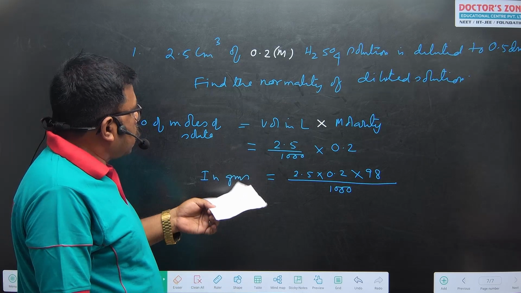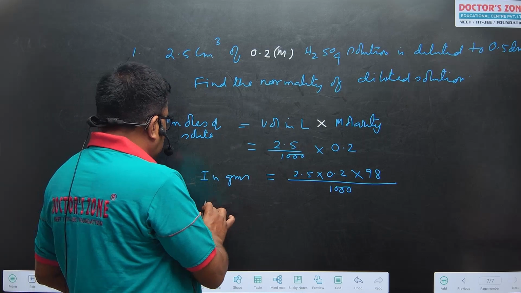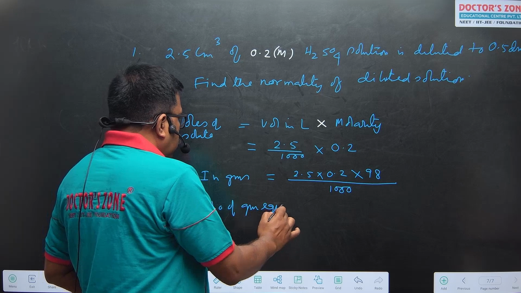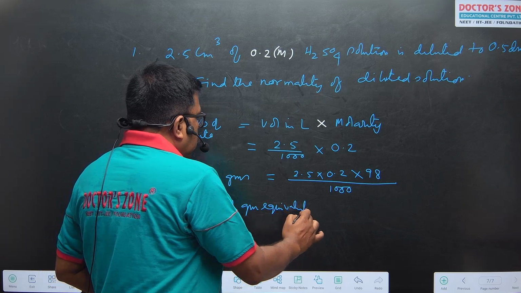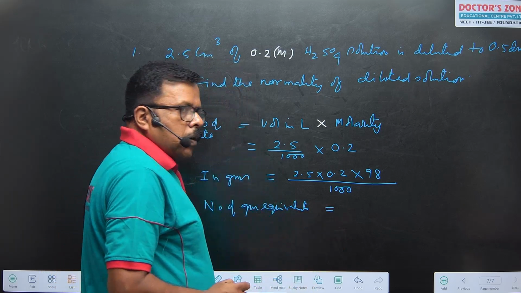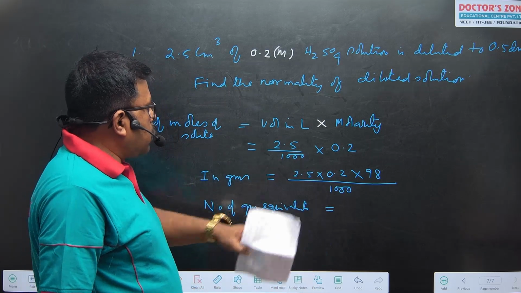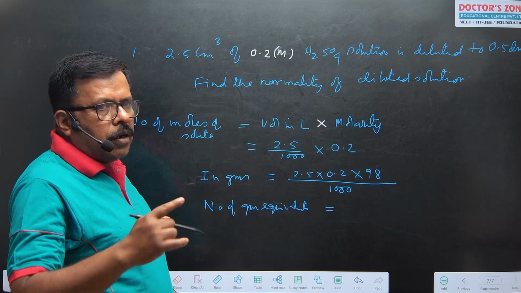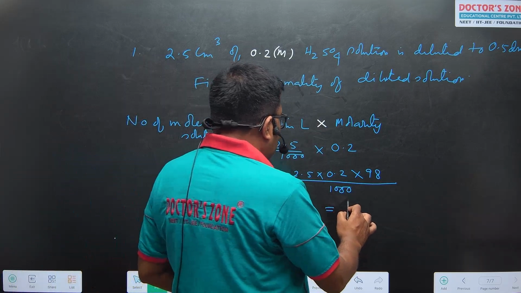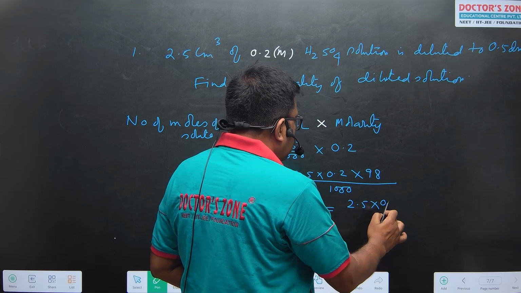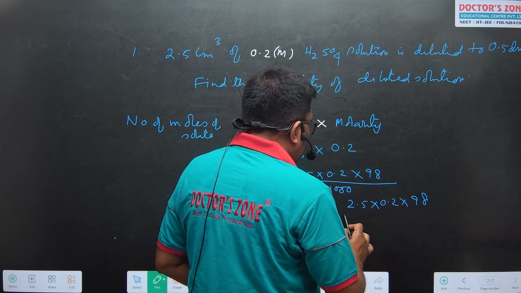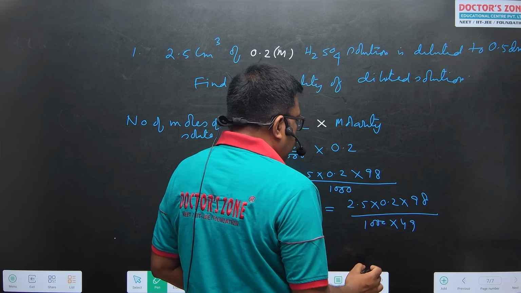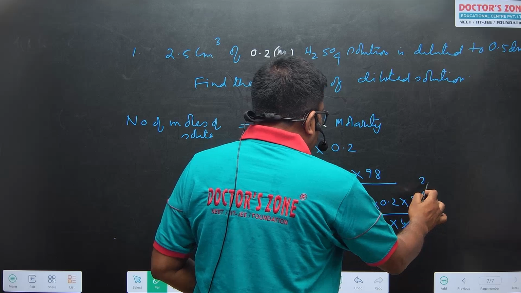Now, the number of gram equivalents. This divided by its equivalent mass. The equivalent mass of sulfuric acid is 98 by 2, that is 49. So it is 2.5 into 0.2 into 98 by 1000 into 49.